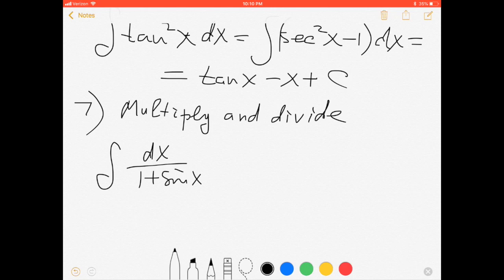This is a situation where the integral looks simple but is very difficult to solve if you don't know some trick. Now we multiply and divide by the Pythagorean conjugate.